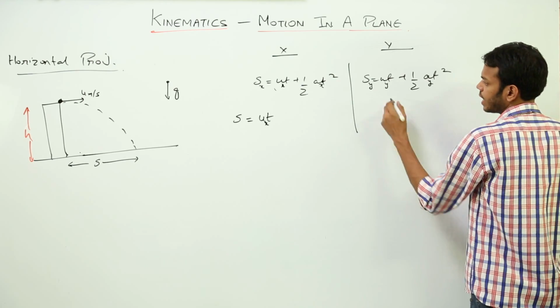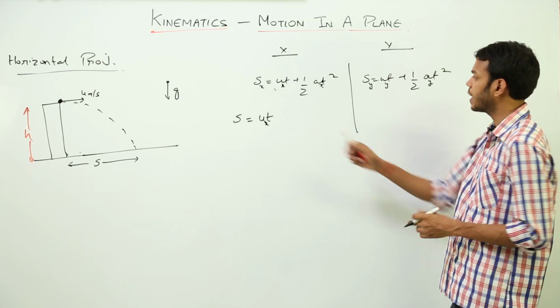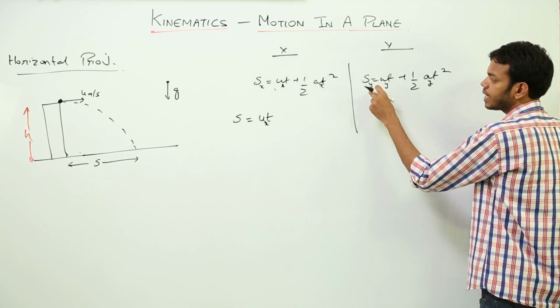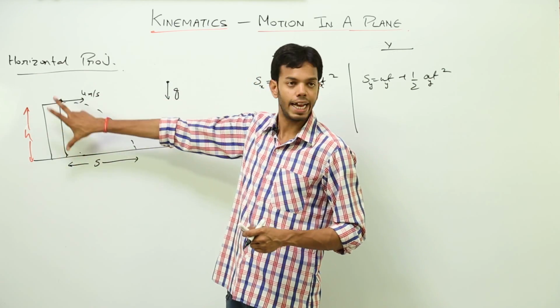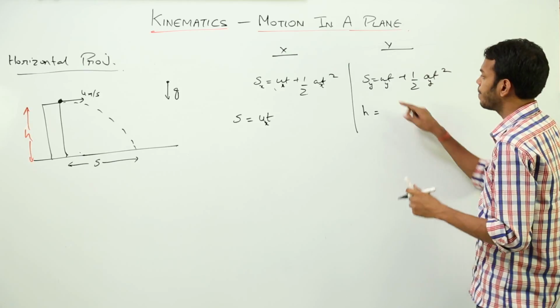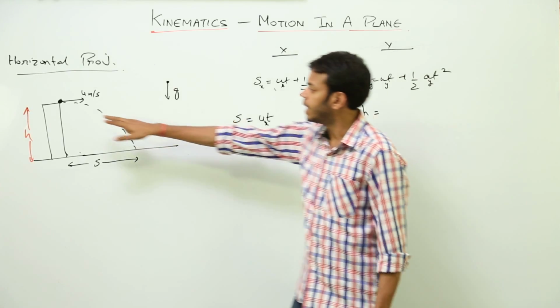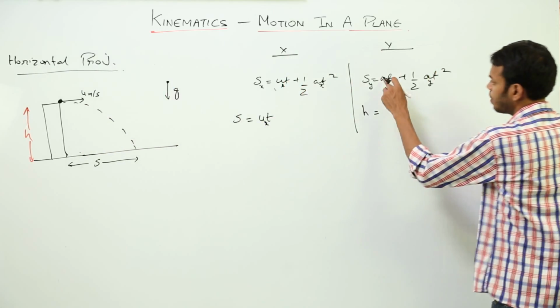Secondly, sy. We still want to frame the formula, so I want to write this t in terms of something else. Sy is the displacement along the y axis, which is this h distance. So h equals uy t, where uy is the initial velocity along the y axis. There is no initial velocity along the y axis, it is only along the x axis, so this term is 0.